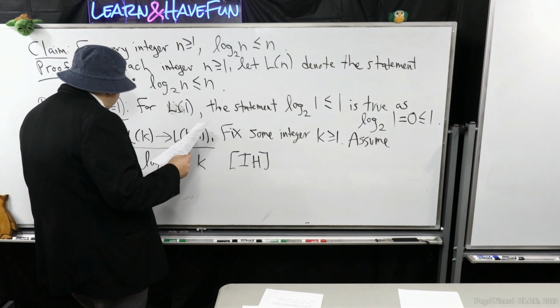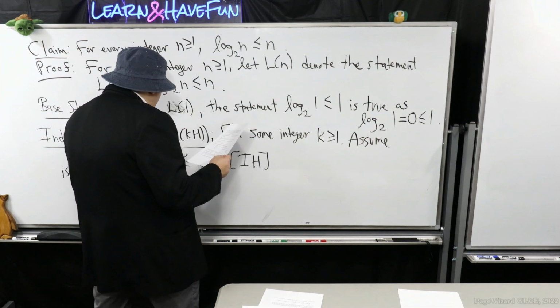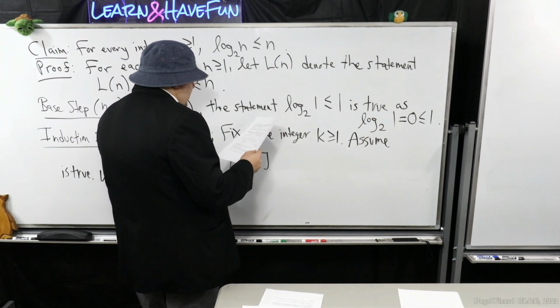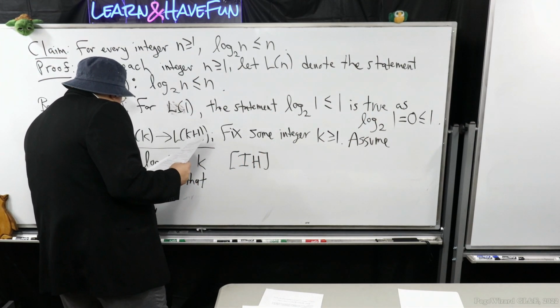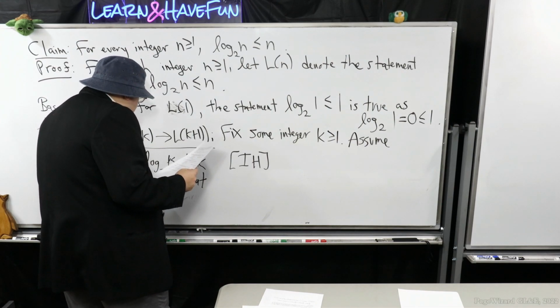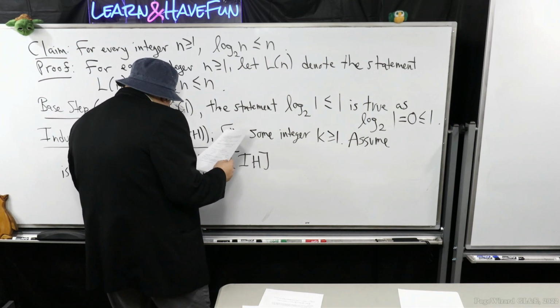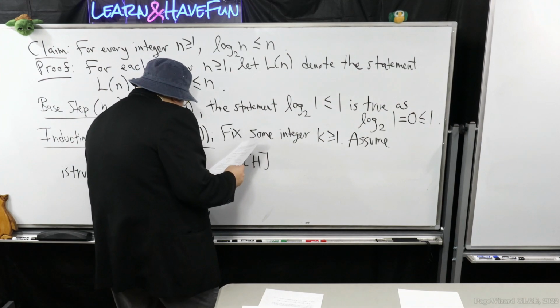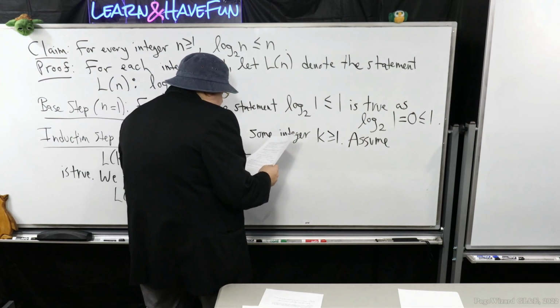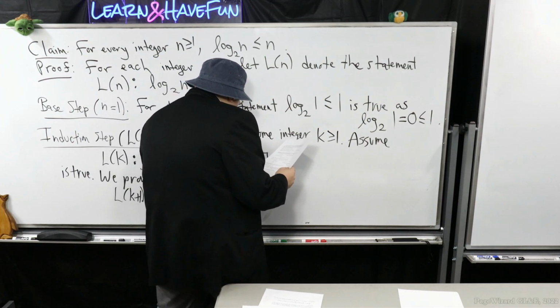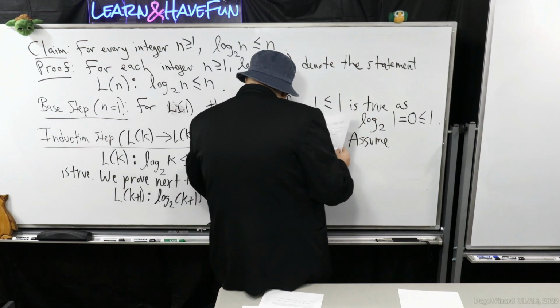We prove next that L of k plus 1 follows, which, remember, is that log base 2 of k plus 1 is less than or equal to k plus 1. We have to show that this follows.